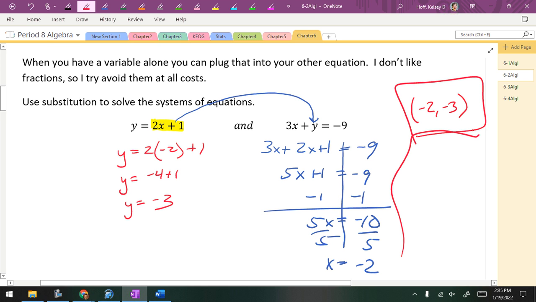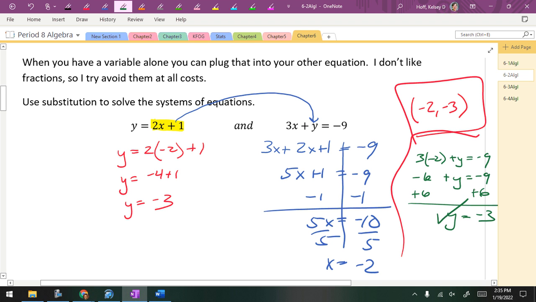But if we checked over here, replace x with negative 2. 3 times negative 2 plus y equals negative 9. What's 3 times negative 2? Negative 6 plus y equals negative 9. Then you should add 6, y equals negative 3, which is what we wanted, right? It plugs into both to give us the same. If you plug it in and it doesn't end up the same, you made a mistake someplace.